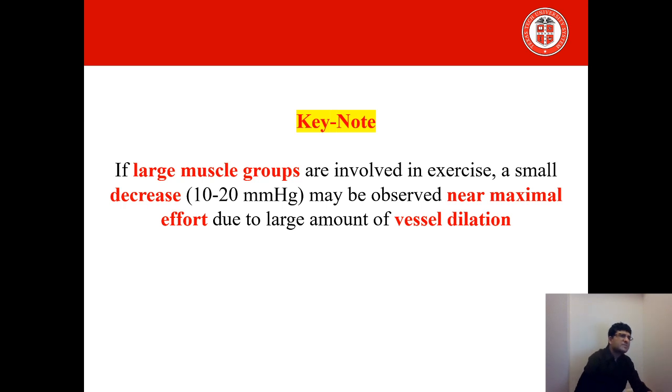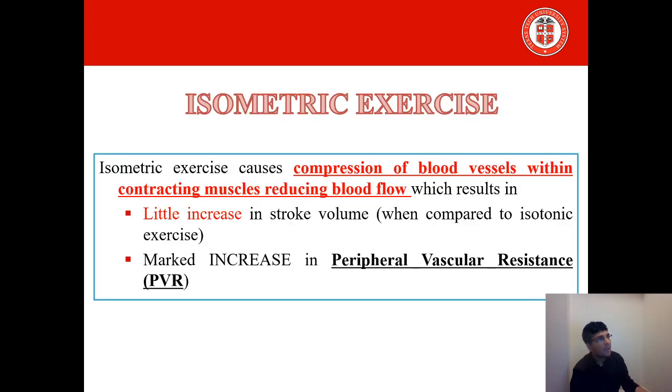So this is just a reiteration of what we have talked about so far, that if large muscle groups are involved in exercise, let's say the glutes or the hamstring muscles, sometimes because of a lot of heat production and metabolite production, there is vasodilation, and once vasodilation takes place, there is a decline in the total peripheral resistance, which decreases the diastolic blood pressure.